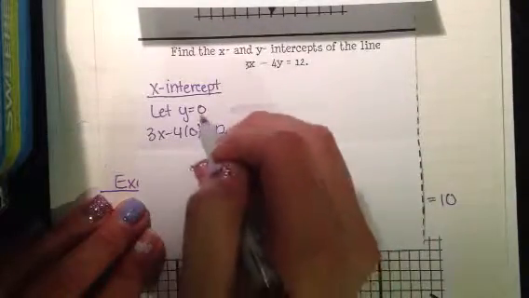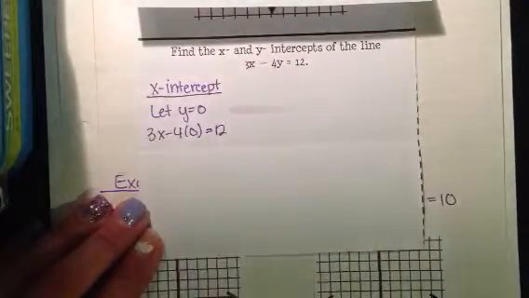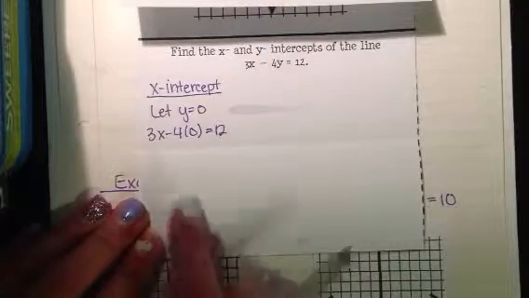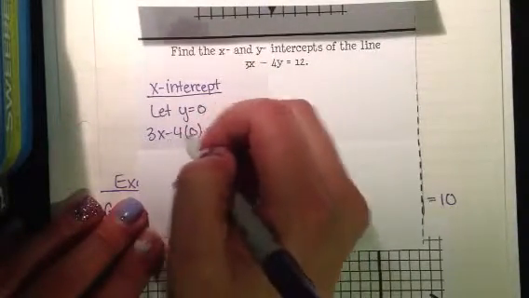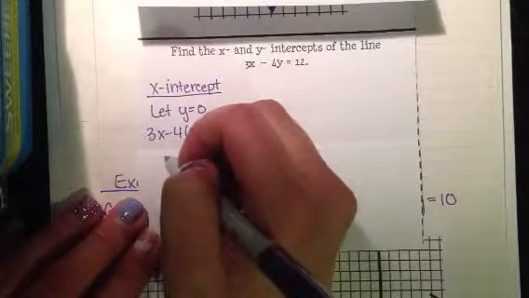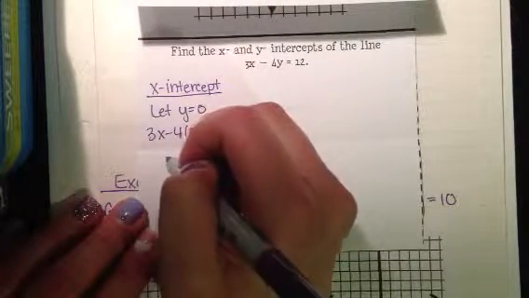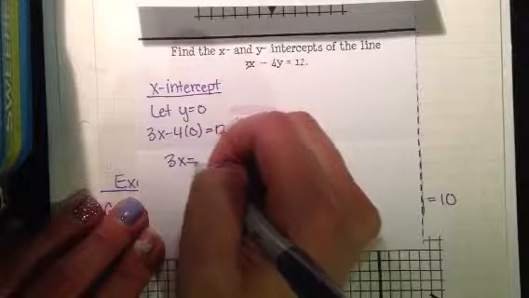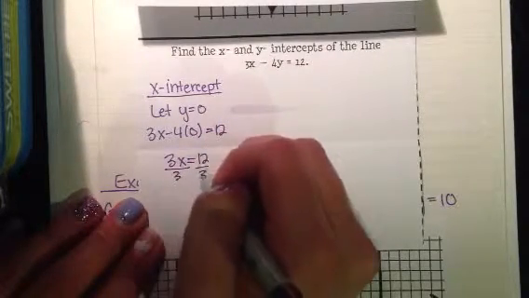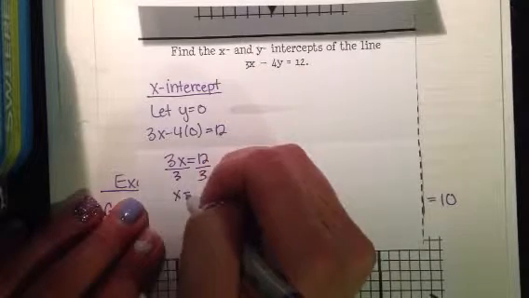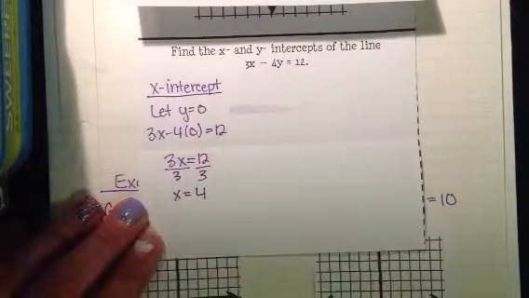You can see that I plugged 0 in for where the y should be in that equation. I now need to solve for x. Negative 4 times 0 is 0, so I get 3x equals 12. I divide both sides by 3, and I get x equals 4.